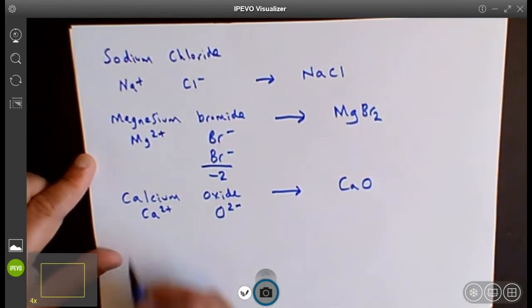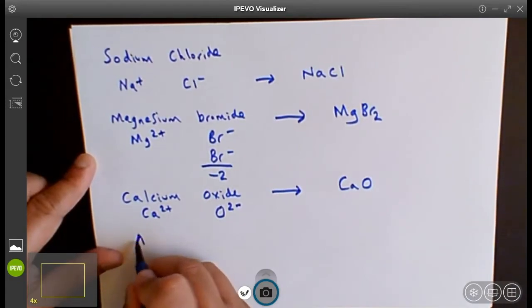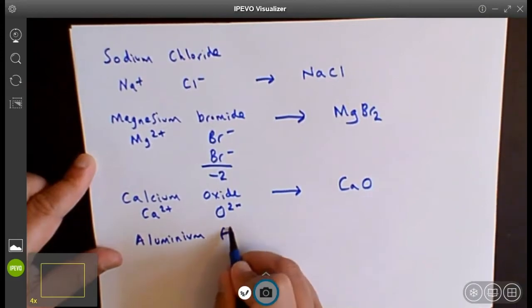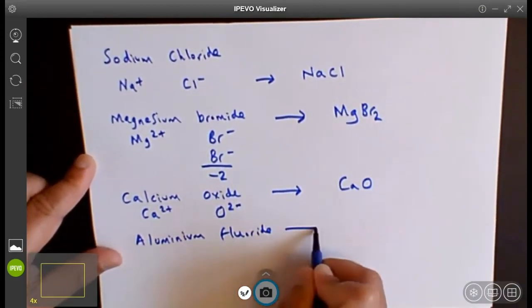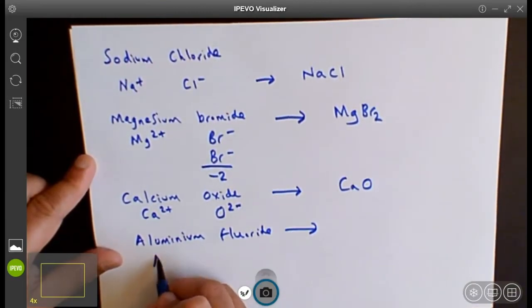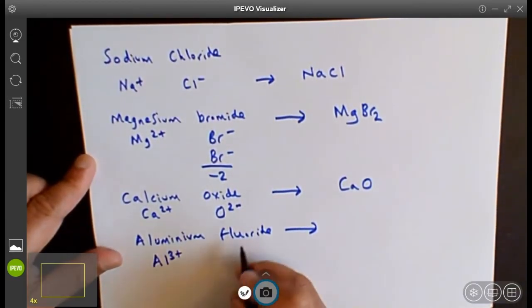Okay, let's go for something like aluminium fluoride. So aluminium, here's the name, aluminium fluoride. So how can I make that into an ionic formula? Aluminium's in group 3, so it's Al3+. Fluoride is in group 7, so that's F-.